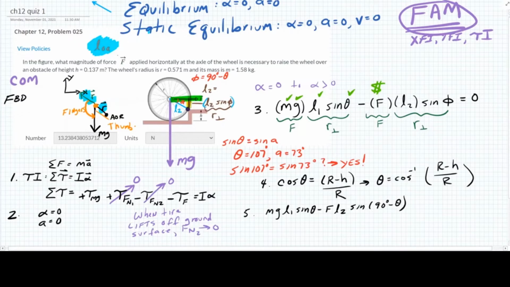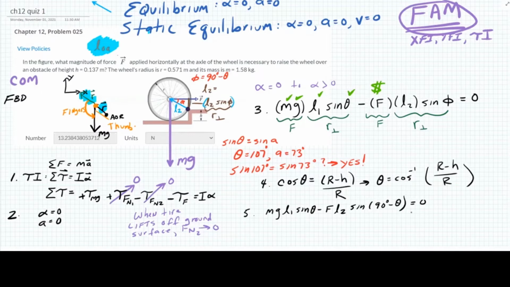Here's the torque arm, highlighted in yellow. There's my torque arm, and there's your product of perpendiculars. I think you are good to go, because all of this equals 0. The left side of the equals is the sum of all torques. The right side is I times alpha. Equilibrium says 0, and you are officially good to go.